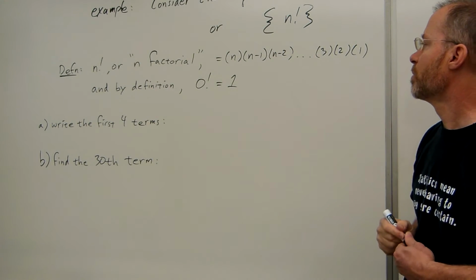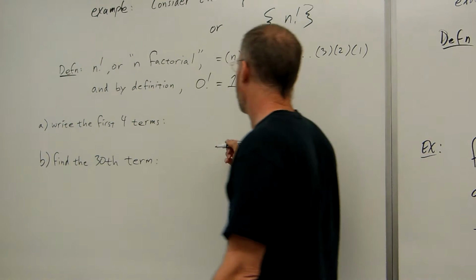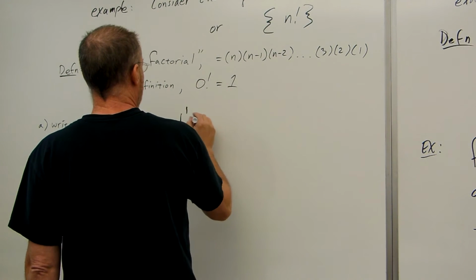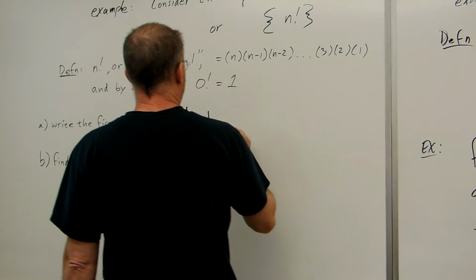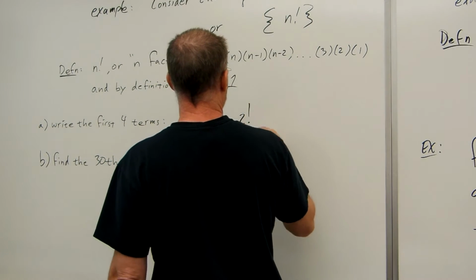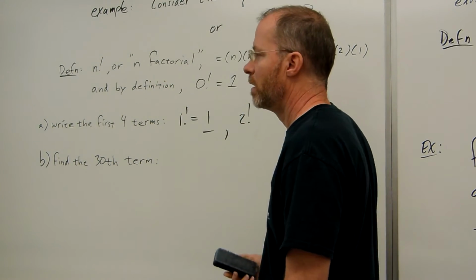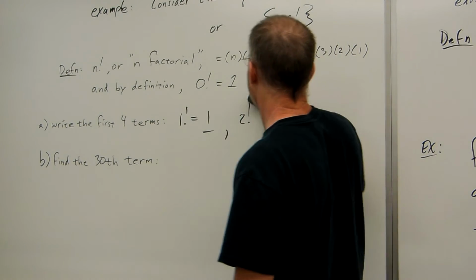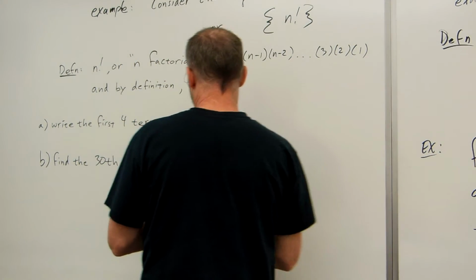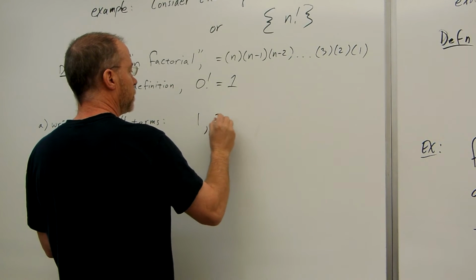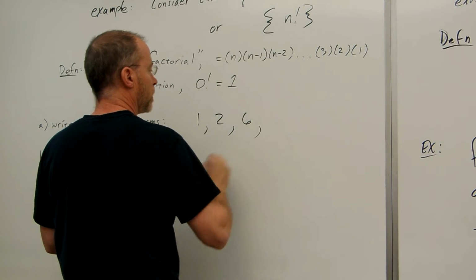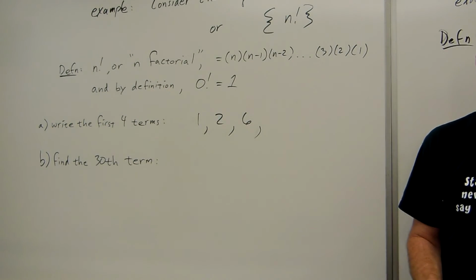So the first 4 terms would be 1 factorial equals 1, and 2 factorial equals 2 times 1 equals 2, and 3 factorial is 6, right? Because it's 3 times 2 times 1.